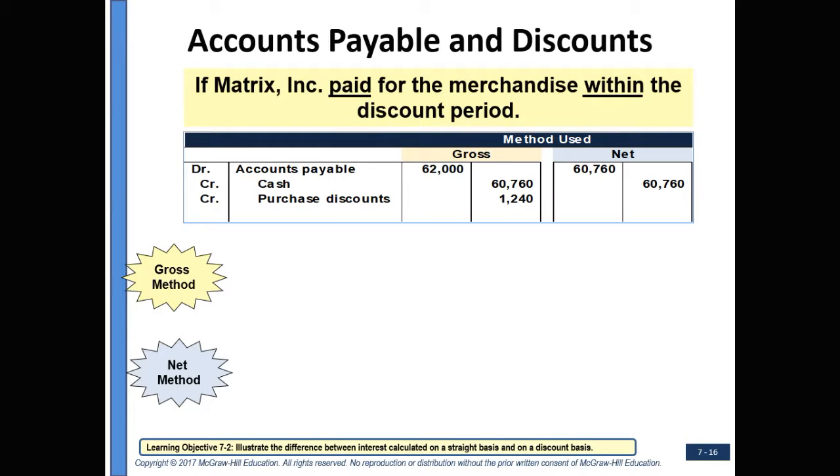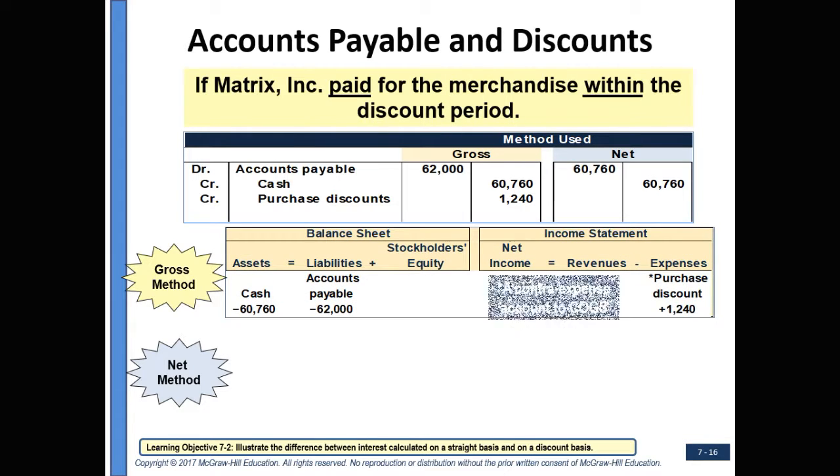Based on the gross method, when payment is made within the discount period, accounts payable is debited and cash is credited the $60,760. The purchase discounts, a contra expense account, is credited for the $1,240. On the horizontal model, assets decrease by $60,760.